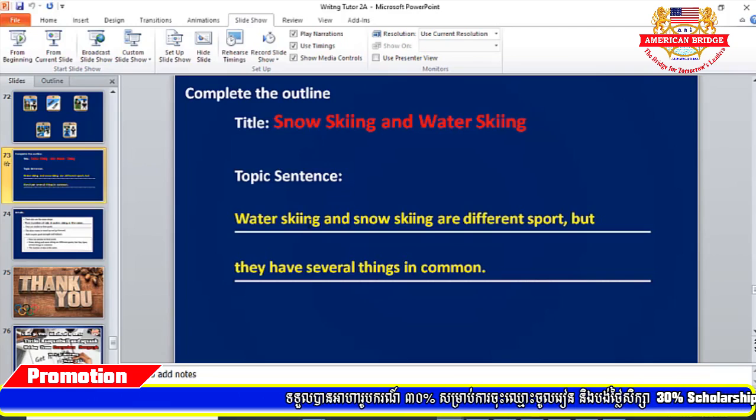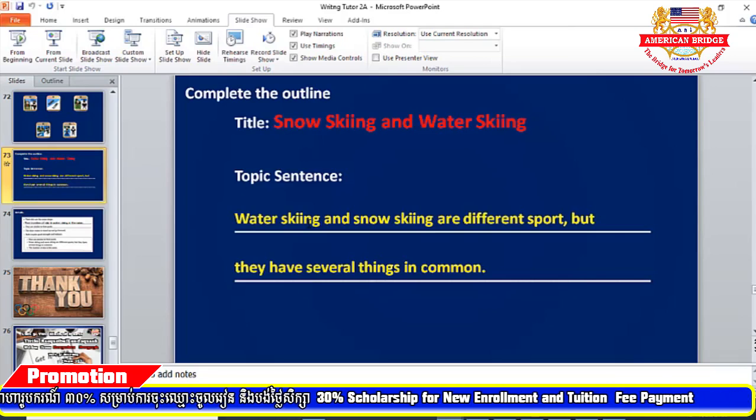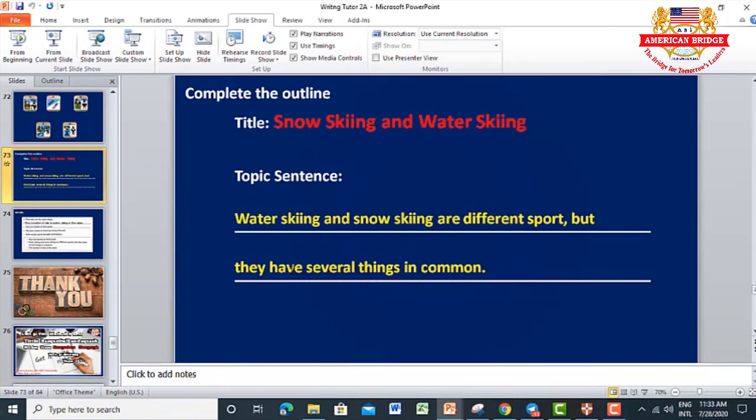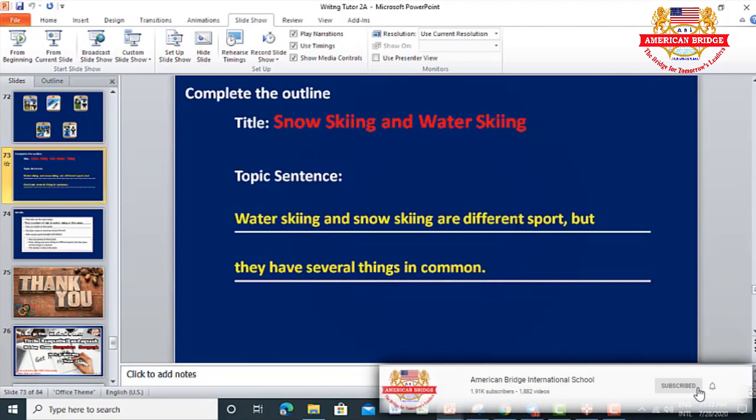Water skiing and snow skiing are different sports, but they have several things in common. If you want to use it for the contrast paragraph, you can change it to say that water skiing and snow skiing have several things in common, but they are different.